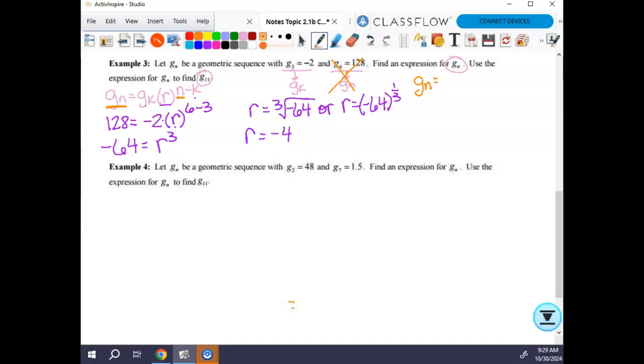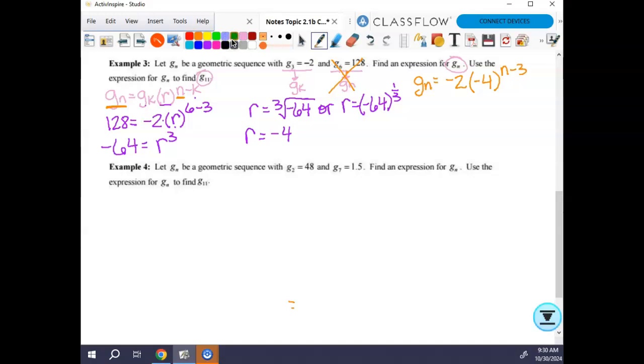I am now going to literally mark it out so I don't accidentally use those numbers. So g sub n equals g sub k, which is negative 2, times r, which is negative 4, to the n minus 3 power. Everybody okay with that?